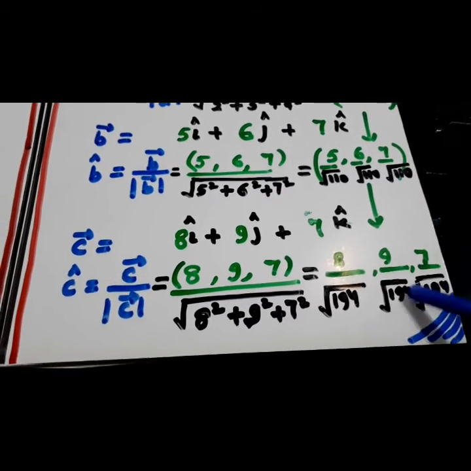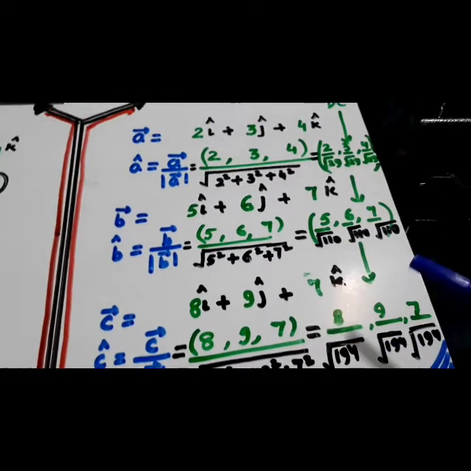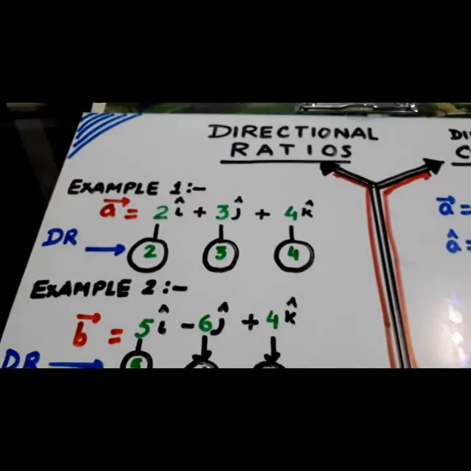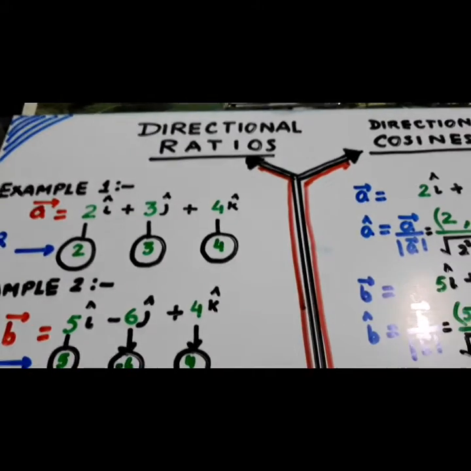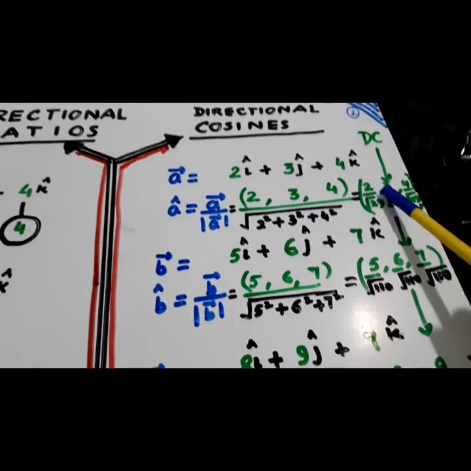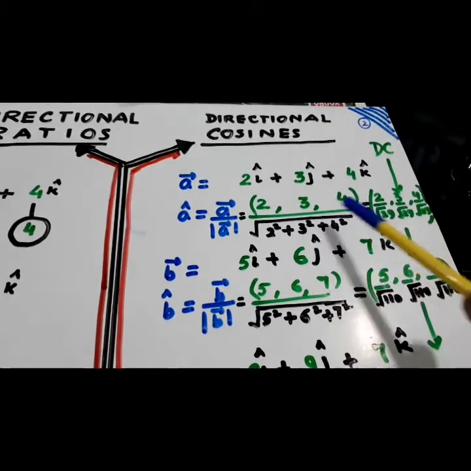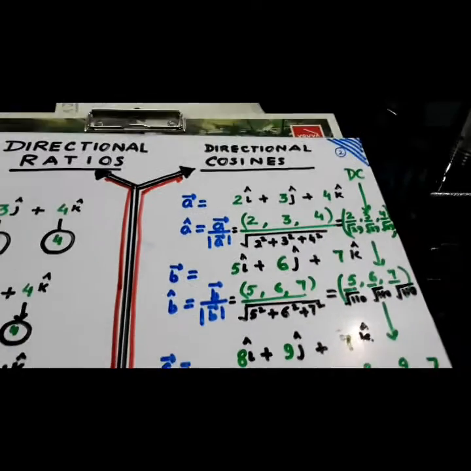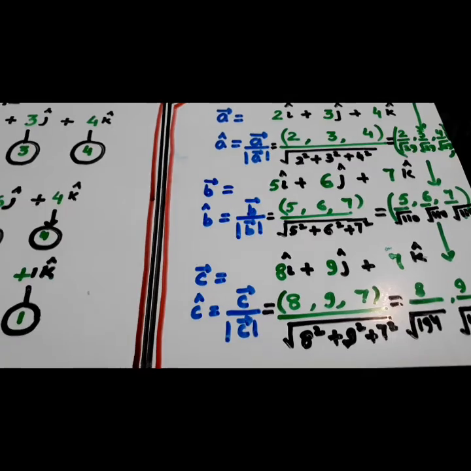They are called DC. So you have seen that the scalar components of the vector are called DR, that is directional ratios, and the scalar components of the unit vector are called DC, directional cosines.